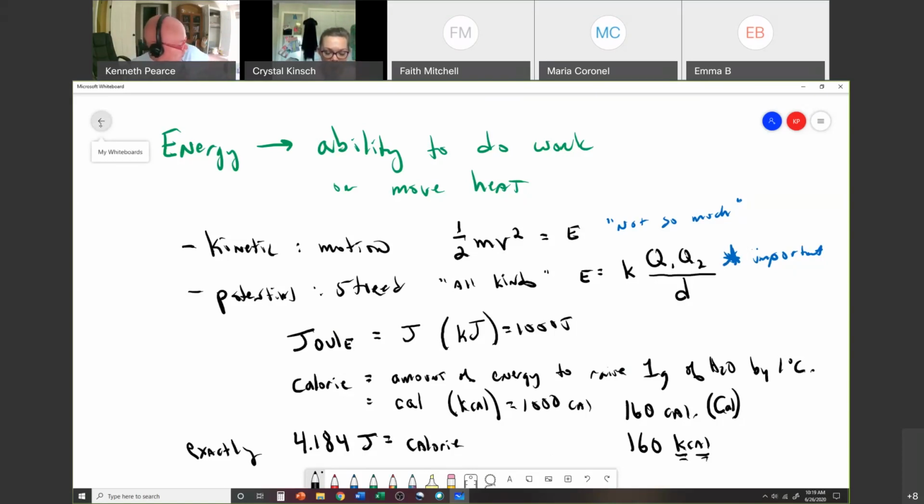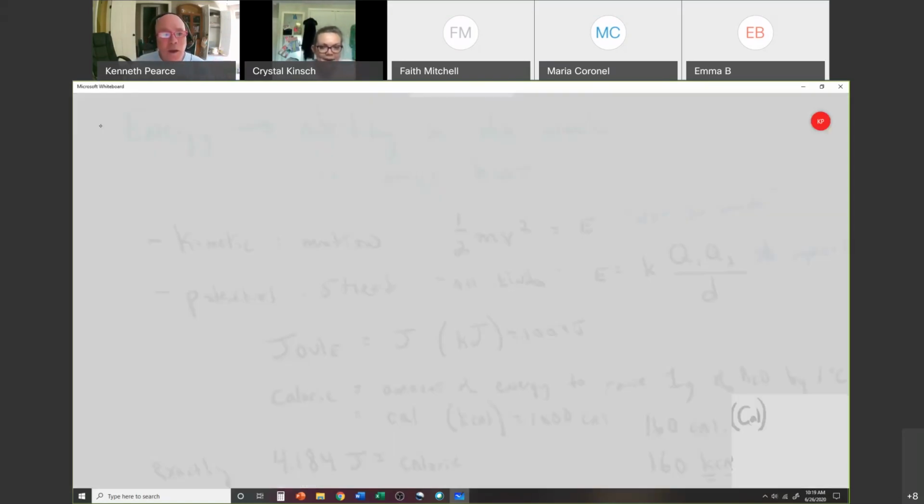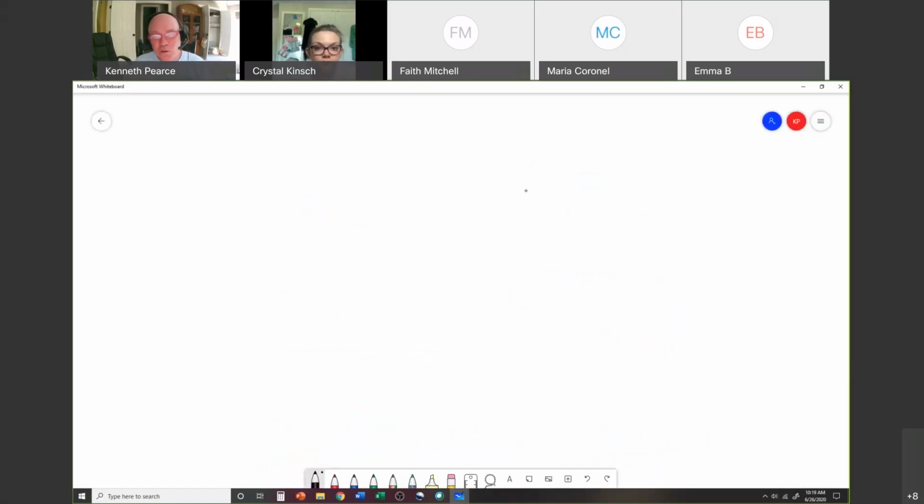Okay, now, one thing that's going to be important as we do these things, and it's also going to be important on at least a couple of the labs, is the idea of the system versus surroundings. And we have to keep these straight. What is what and where are they?